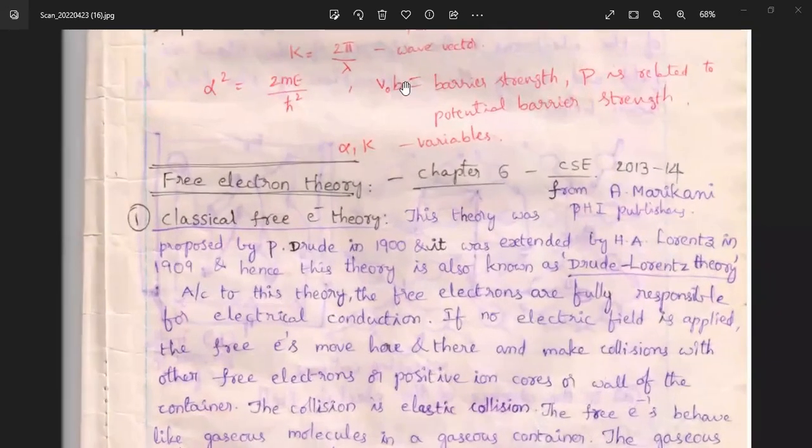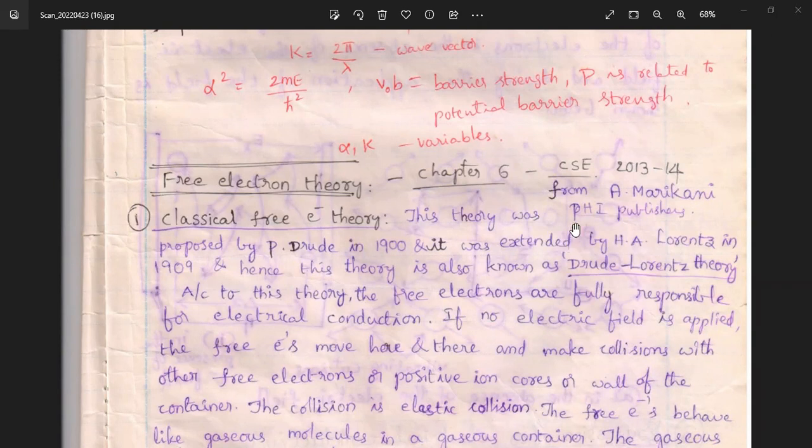So according to classical free electron theory, it was proposed by Drude in the year 1900, and it was extended by H.R. Lorentz in 1909, and hence this theory is also known as Drude-Lorentz theory. They developed this concept.